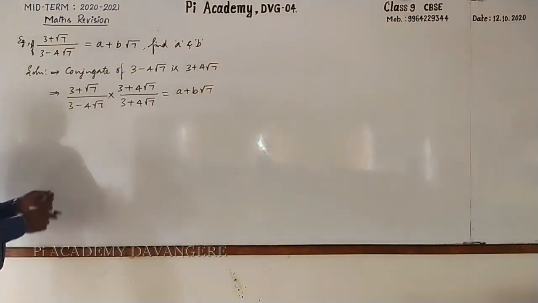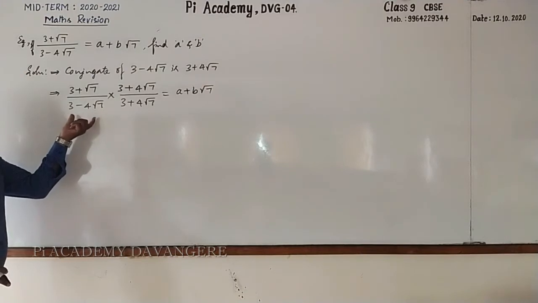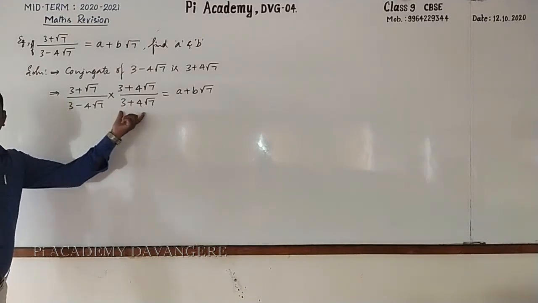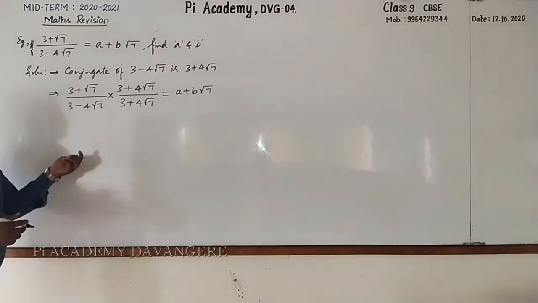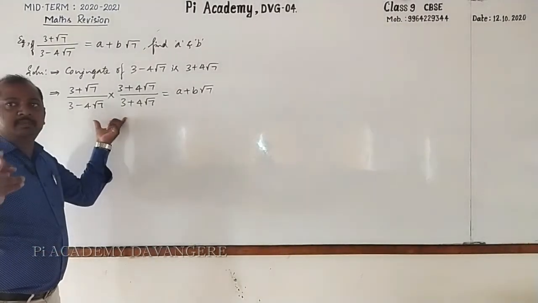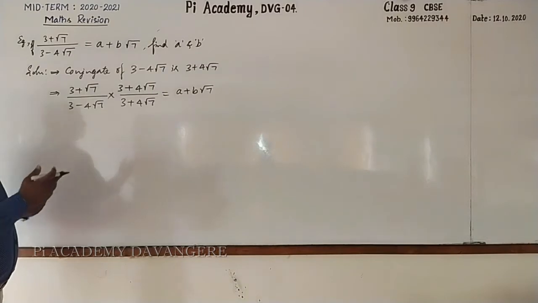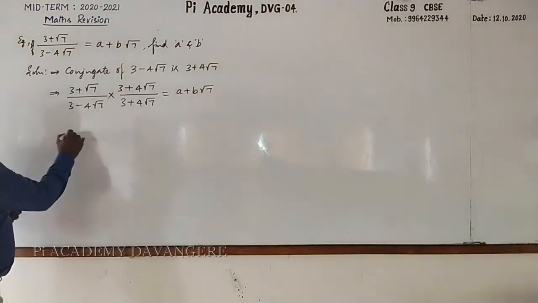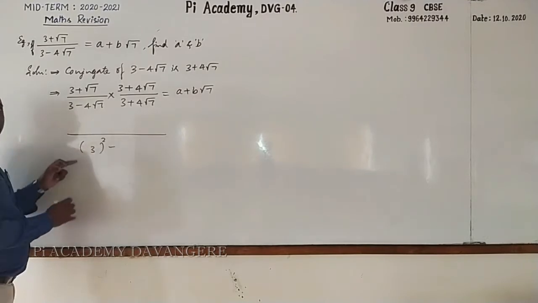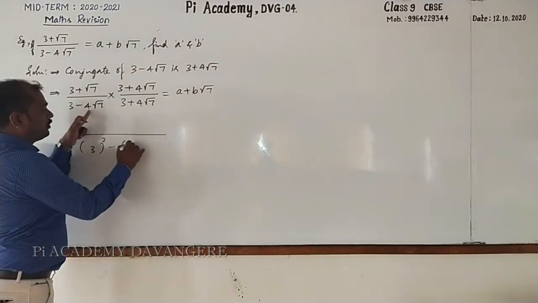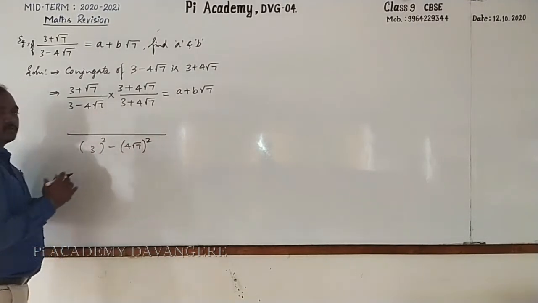Then observe the denominator. The denominator is of the form (A minus B) into (A plus B). Apply the identity. By applying the identity (A plus B) into (A minus B), we can write it as A square minus B square. And the denominator can be written as 3 whole square minus the second term, 4 into root 7 whole square.